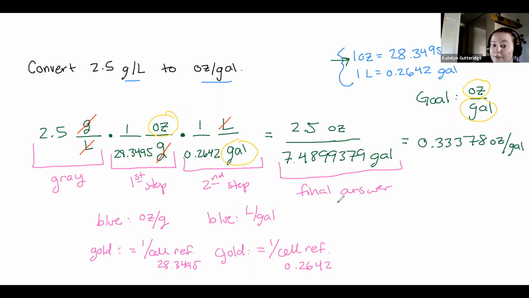So in general, in the gold of the final answer, you would have equals, and then you would do the multiplication of all the gold cells using cell reference.